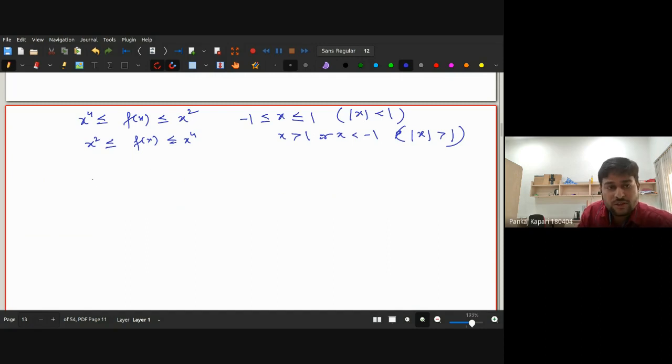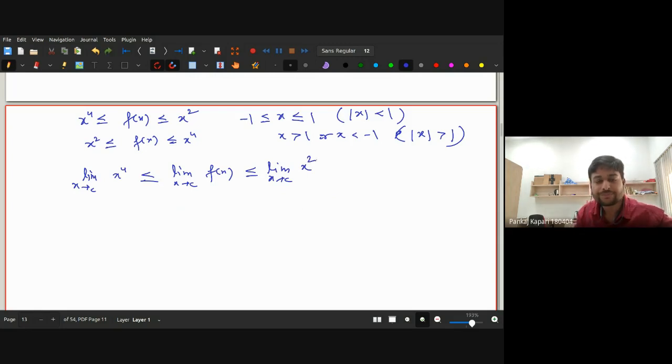So using the sandwich theorem, what do you get? You get only this information: the limit as x goes to c of x to the power 4 is less than or equal to the limit as x goes to c of f(x), which is less than or equal to the limit as x goes to c of x square. And in the second case, just the reverse of this inequality.